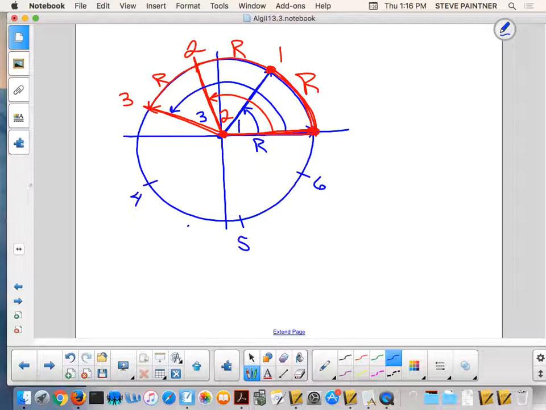Okay, here's the deal. When you get halfway around the circle to here, how many radii have I wrapped around the circle right there? It could be 3.5, it could be 3.4, 3.3. I didn't draw this perfectly to scale. This is what it is: 3.14.